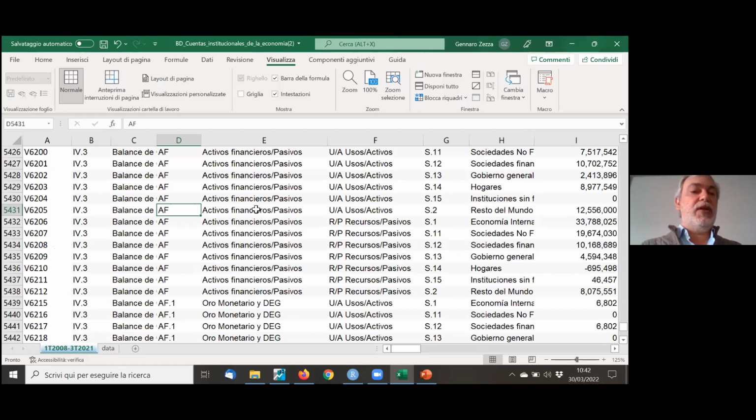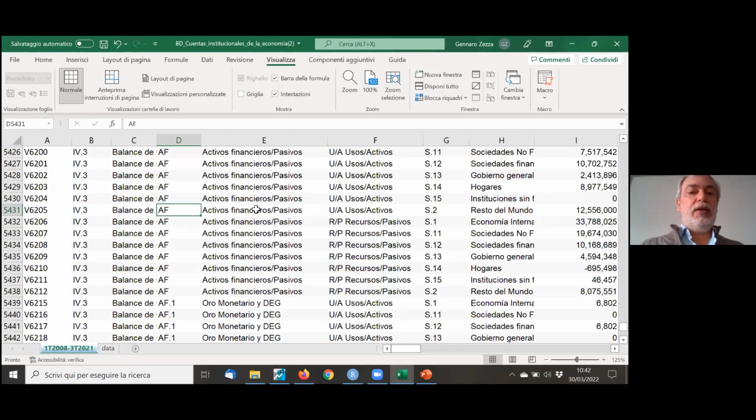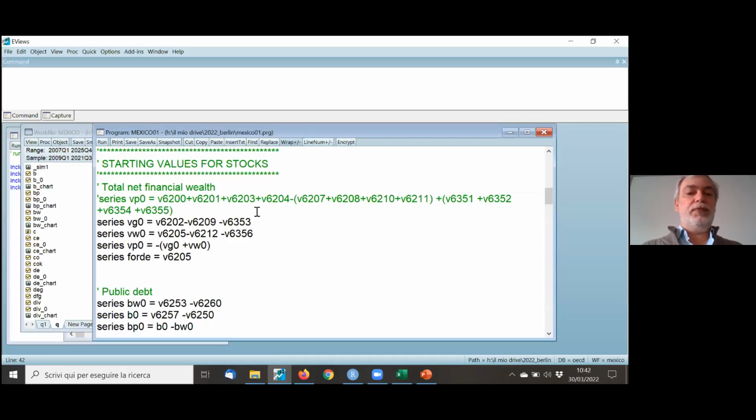So it will be V6205. And we want the assets of Mexico, which are a debt of foreigners, and these are 6212. And we could call these foreign assets.